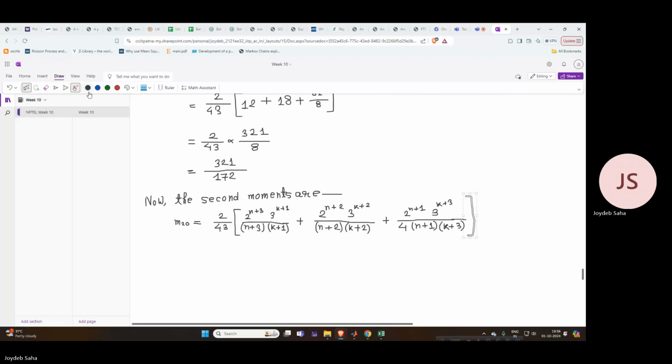Okay, provided by n is equal to 2, k is equal to 0, right?